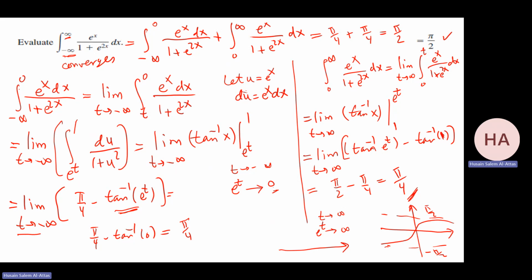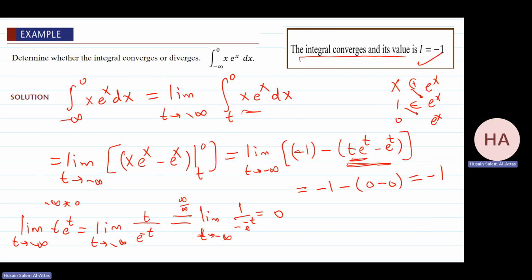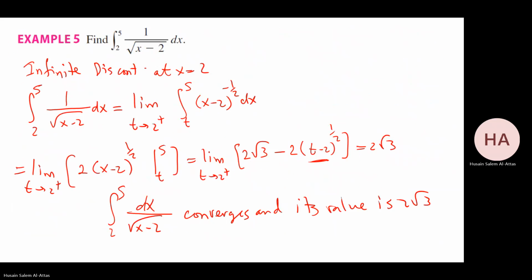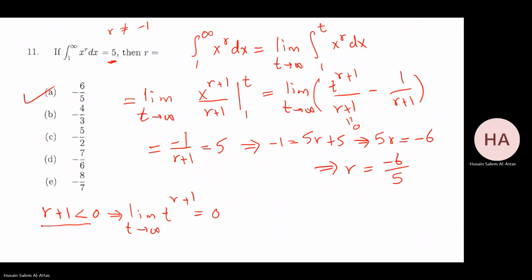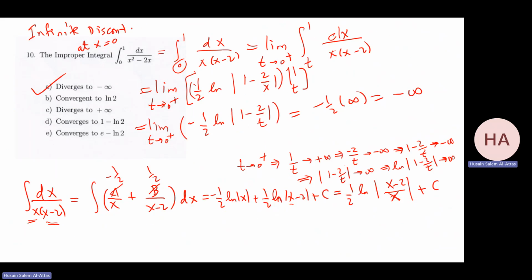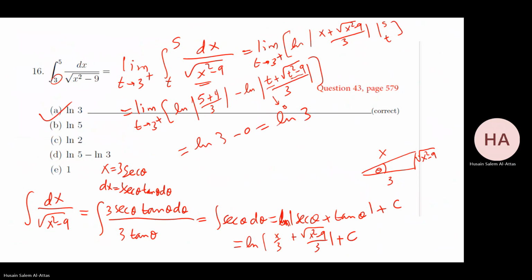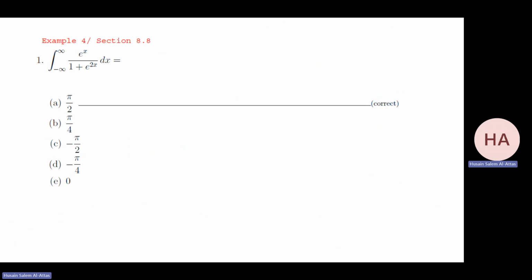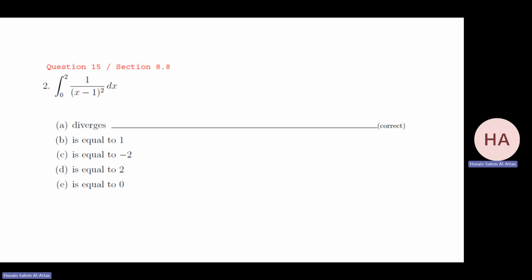That will be my answer. My answer, where is it? No, it's pi over 2, sorry. That will be my answer. Pi over 2. Yeah. So no need to waste time doing it again. We did it in the first, so it's pi over 2. It's an example in the book, by the way.